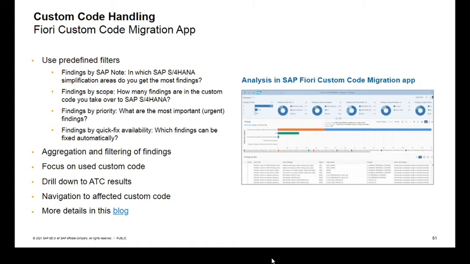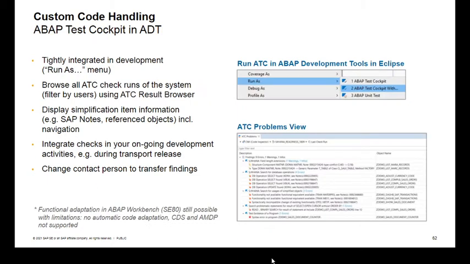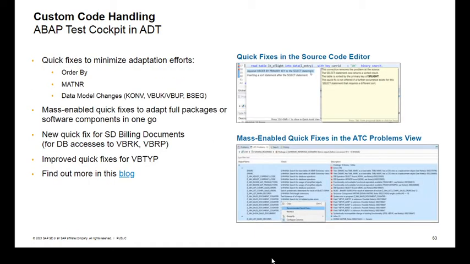In the ABAP test cockpit, in your development environment in Eclipse, there's also the possibility to run the checks directly from there. That I would like to point out here. There's also the option to do some quick fixes directly there. That can also make your life easier. So also make sure that you have looked into this sufficiently.